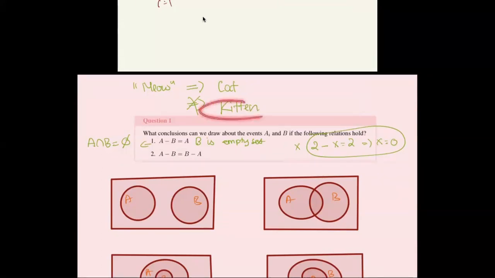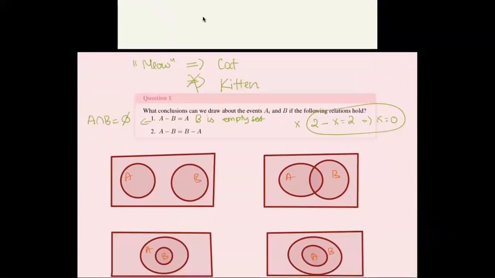Implying that it is a kitten is stronger, it needs more information than just the word male. And similarly here as well, you need further information to actually conclude that B is an empty set. With this information only, you can only conclude that A intersect B is an empty set.